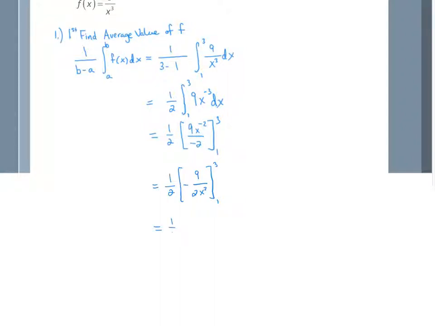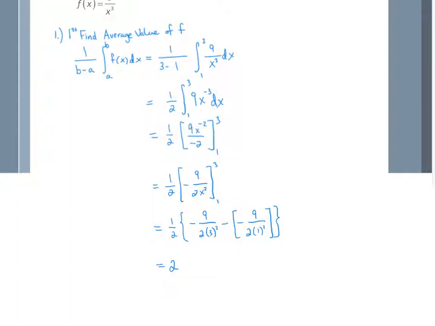So we have 1/2. Now substitute the upper and lower limits of integration in. So we have negative 9 over 2 times 3 squared minus negative 9 over 2 times 1 squared, which is 2.